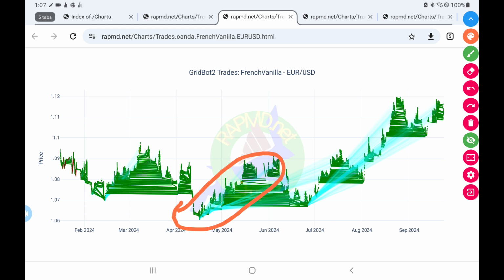Whereas the previous chart, Blueberry Cobbler, there was no reduction. So when the loss took place, it took the full weight of that loss. Here, every profit burns off the oldest position.